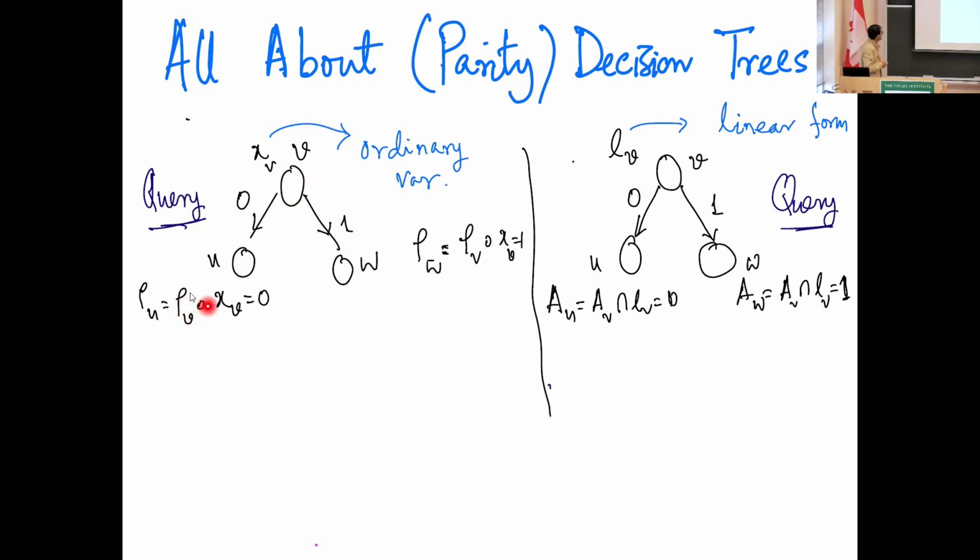Whatever you had over here, you add to it xv equals 0, and similarly the other way. And the same thing happens on the other side. Except now you have affine spaces, and your new affine space is just that its codimension goes up by 1, by saying Lv is equal to 0 or Lv is equal to 1, whichever the case is.